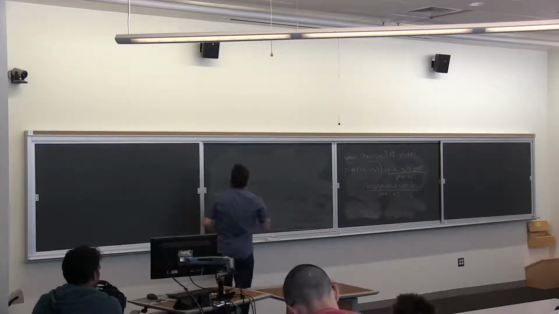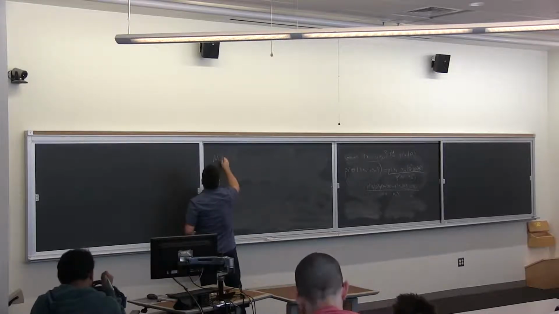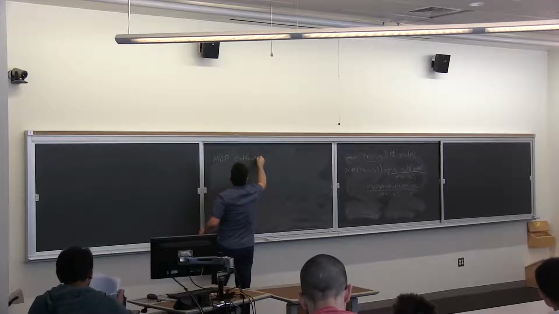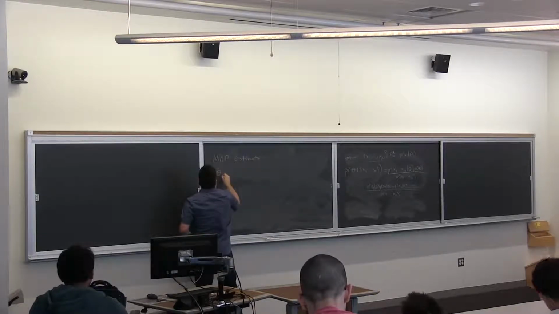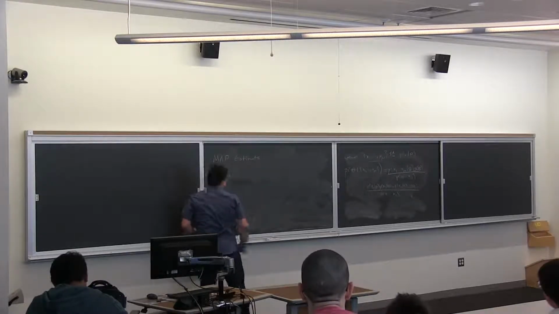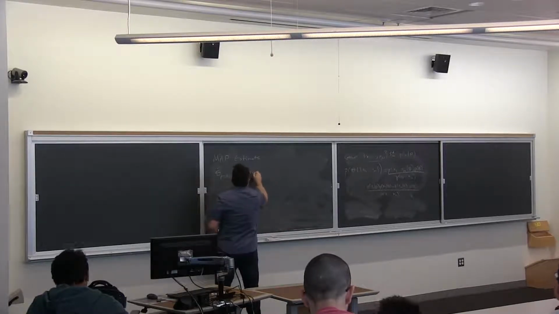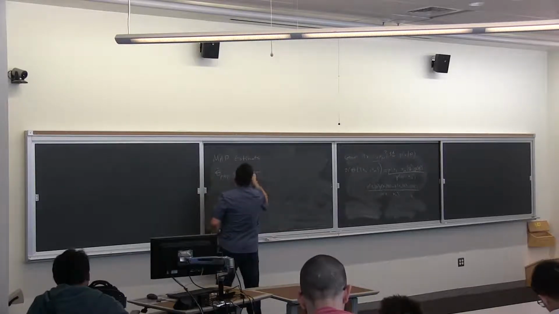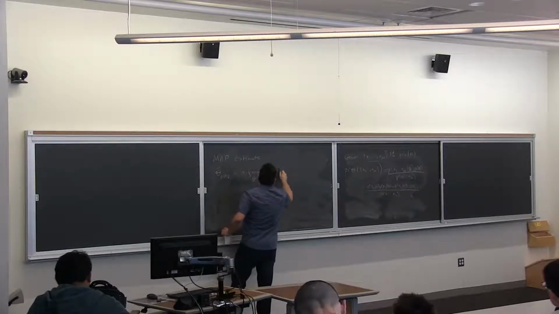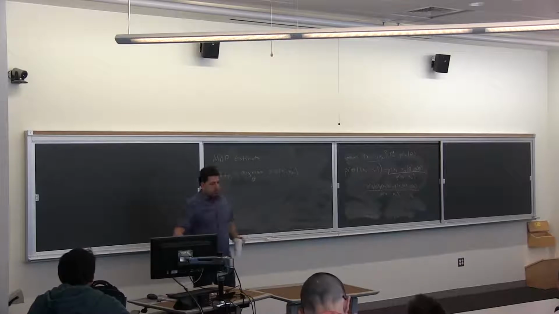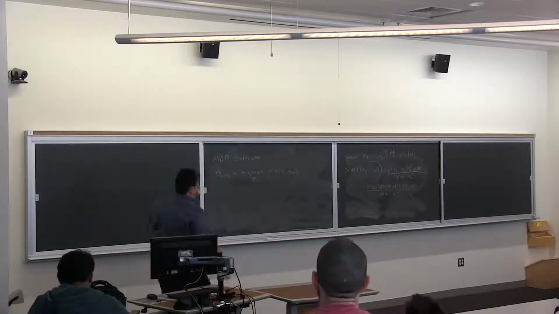Okay, so I'm going to do MAP parameter estimation, which is the mode of the posterior. So it's going to be the value of theta which maximizes this posterior probability distribution.